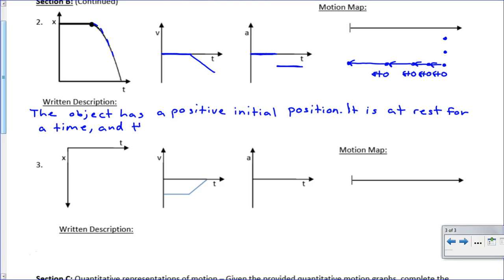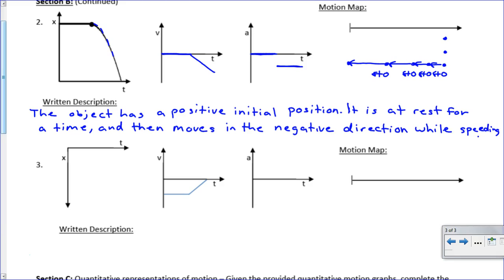And then it moves in the negative direction while speeding up. Okay. So that's how that one goes.